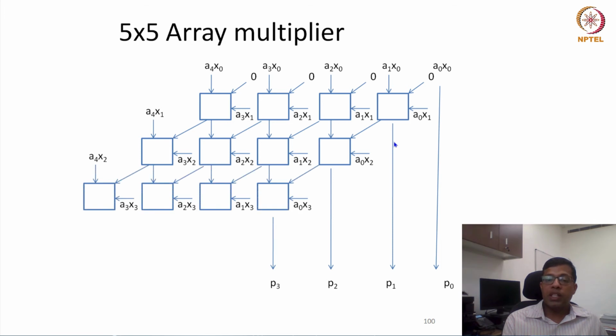Now similarly a third layer would be there. You also notice that as a result of the second layer we have also generated the second bit, P2 bit, of our result. Similarly, the third layer takes the fourth partial product, the multiplication of x3 with my multiplicand, which would be added in this particular layer.